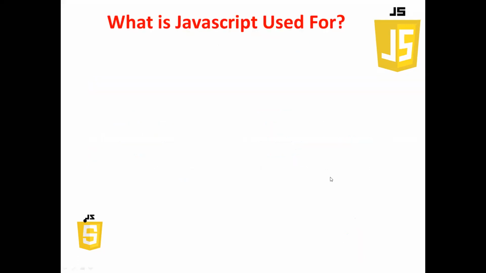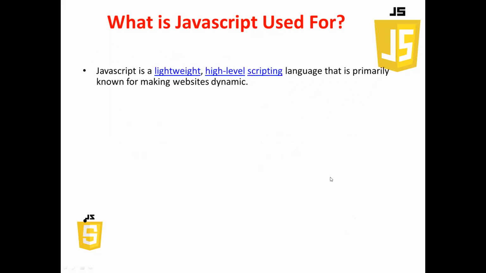What is JavaScript used for? JavaScript is a lightweight, high level scripting language that is primarily known for making websites dynamic. If you want to make a dynamic website, usually you write your code with the help of JavaScript. There will be a combination of HTML, CSS and JavaScript, and you can write all the code together.